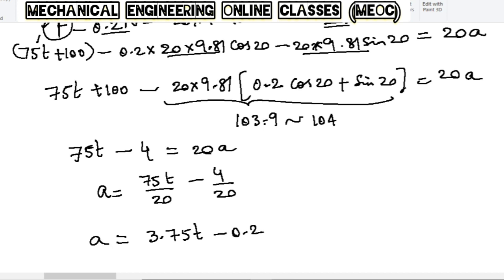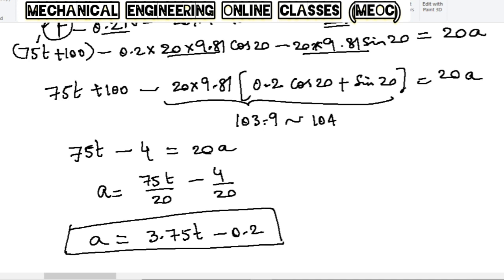So we have obtained the relation of a with respect to t. A is changing with time t. What we have to understand is that this is a case of variable acceleration. We did not get straight away a value for acceleration. We have got it in terms of t. Like F is changing with t, a is also changing with t.